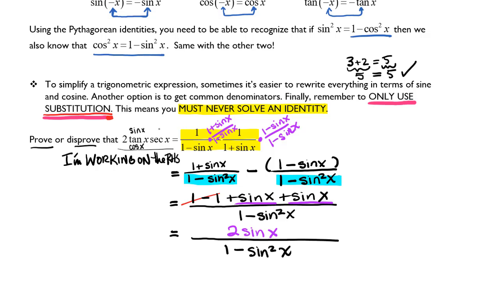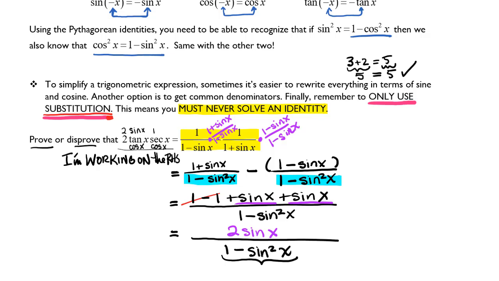And secant is 1 over cosine of x. That's interesting. And we have a 2 in the numerator. So if I look at what I have over here, I need to figure out how to get 1 minus sine squared x to look like cosine squared x.